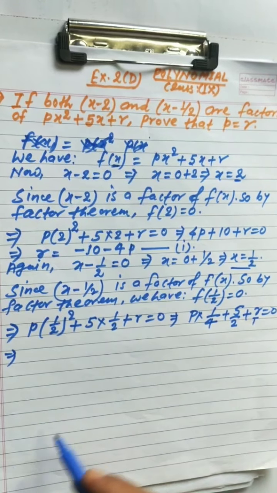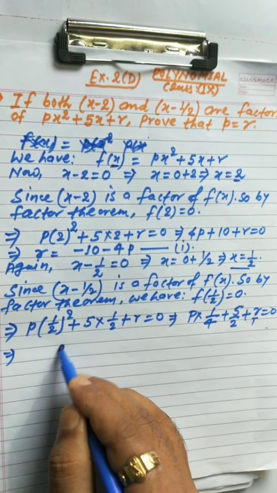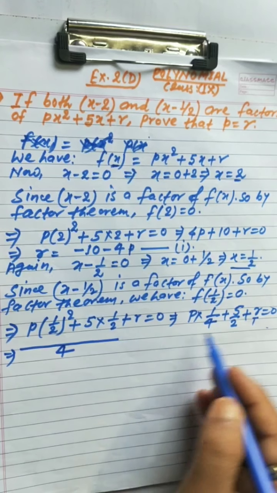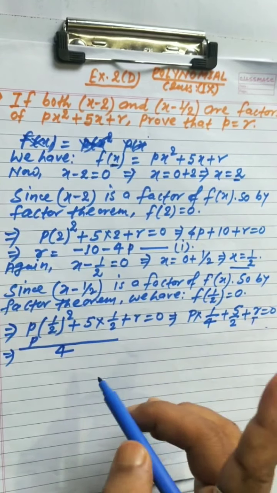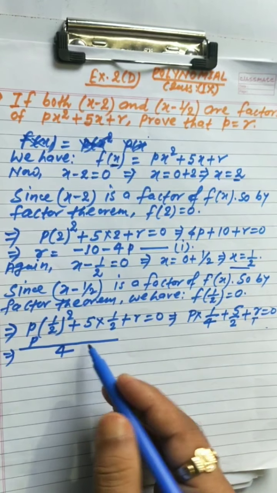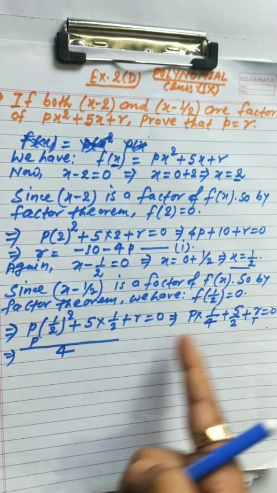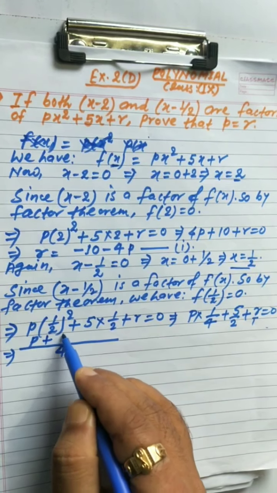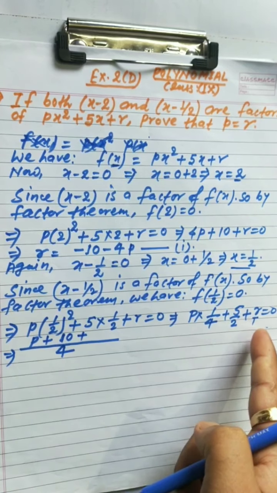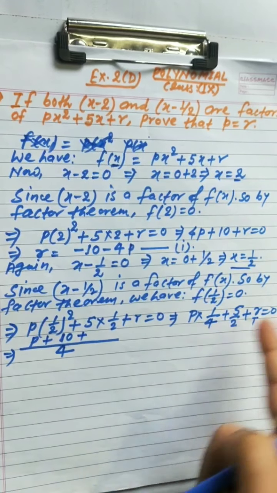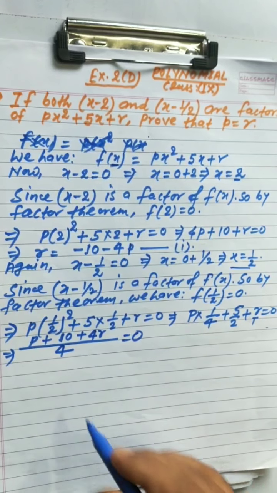Take the LCM of 4, 2, 1, which will be 4, and then we have here p, because 4 divided by 4 will be 1, and 1 multiplied by p will be p, and 4 divided by 2 will be 2, and 2 multiplied by 5 will be plus 10, and 4 divided by 1 will be 4, and 4 multiplied by r will be 4r, is equal to 0.